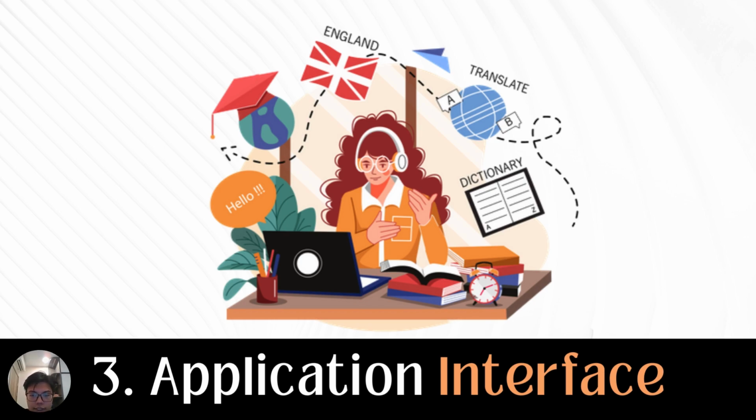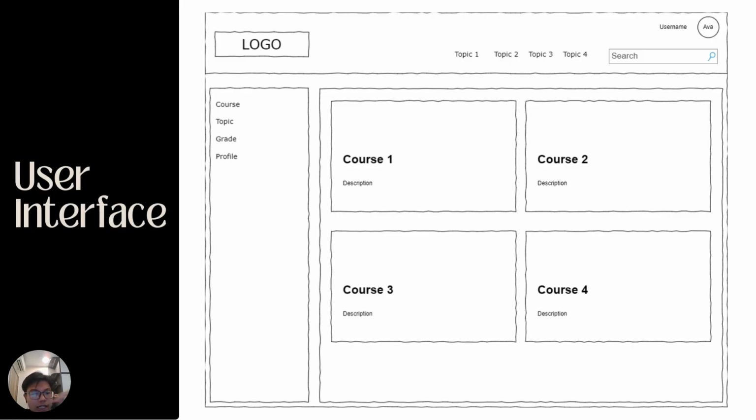Regarding the application interface, our application will have an interface for the user and an interface panel for the admin. So in the user interface here, you can see that the users can view the course with their description, and they can also click the buttons on the left for viewing the grades and updating their profiles, and there's also a search bar for them to search for courses and quizzes.